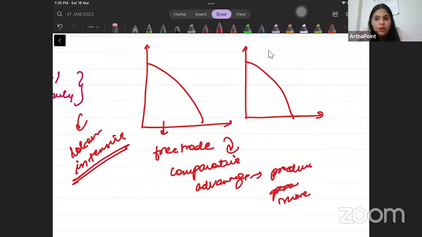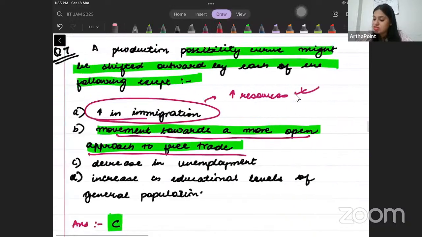Once I open myself to trade, I will only produce that. I will increase the productivity in that way, and therefore it will be an outward shift, right? Something like this. PPCs will shift outward. So whenever there is free trade, because of comparative advantage, your productivity improves. And whenever your productivity improves, automatically your PPC will shift to the right. So this is correct.